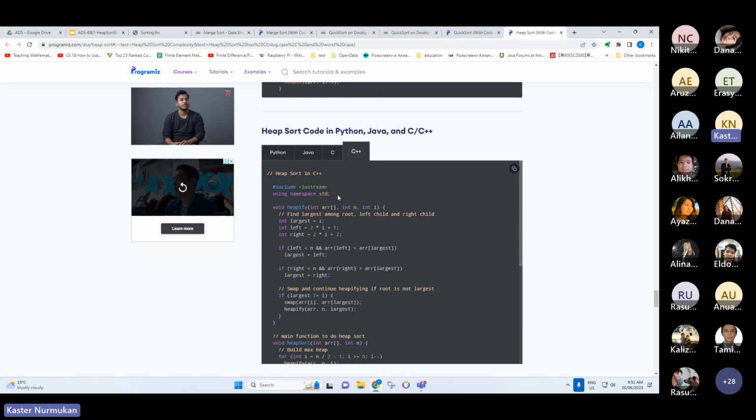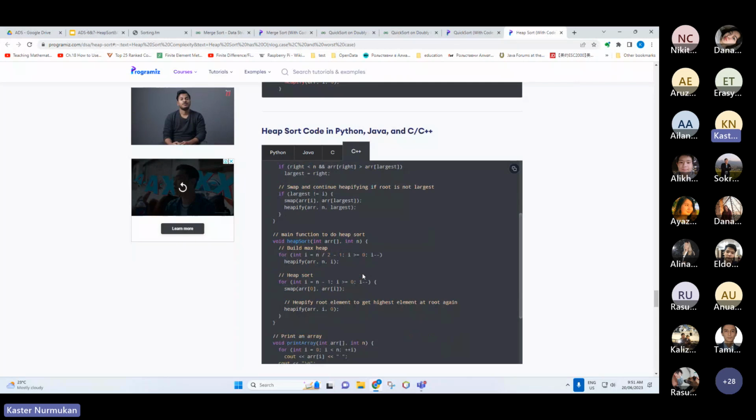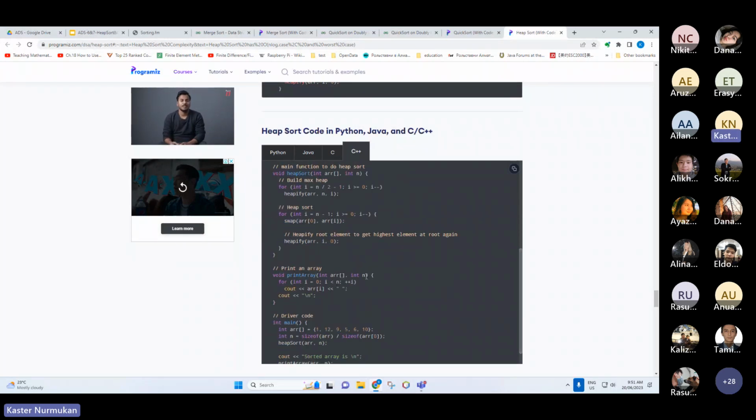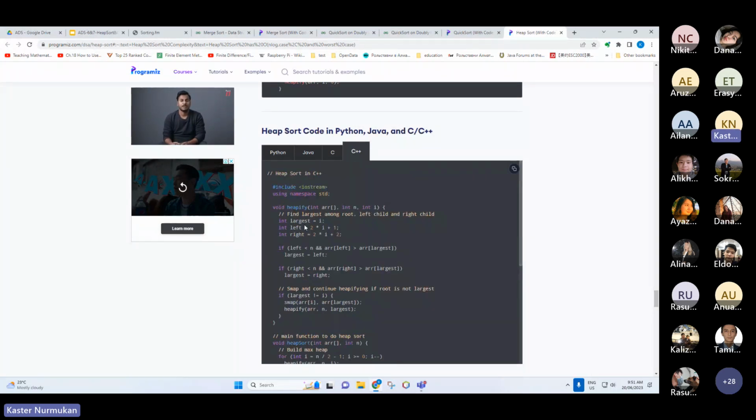They're using namespace, whatever. We know what Heapify is. Who knows what Heapify is? Heapify is a recursive process.